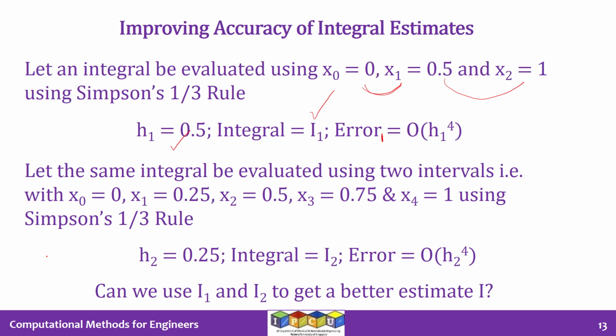Now imagine you are finding out the integral of the same function between the same limits 0 to 1, but now you have the benefit of two other data points. We have a point at x is equal to 0.25 and we have an additional data point at x is equal to 0.75. So now we are working with 5 points overall: x0, x1, x2, x3 and x4, with x0 being 0, x1 being 0.25, x2 being 0.5, x3 being 0.75 and x4 being 1.